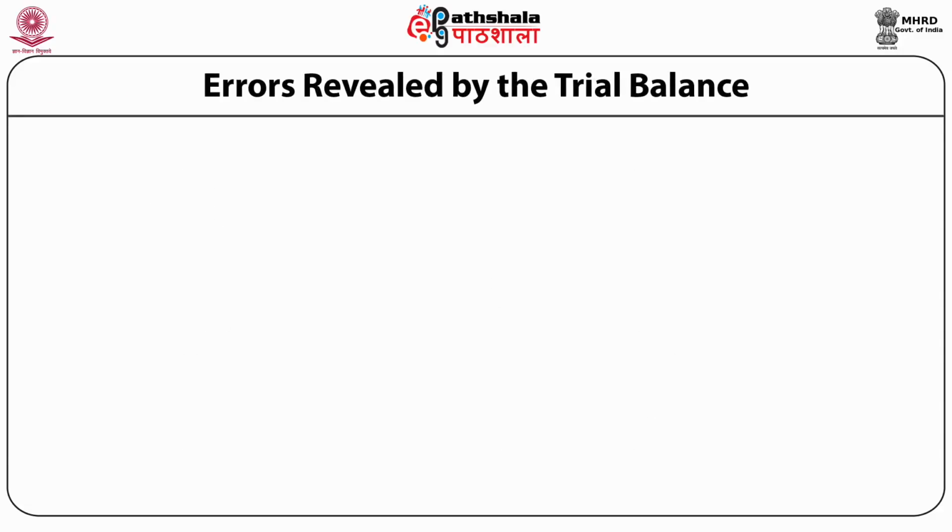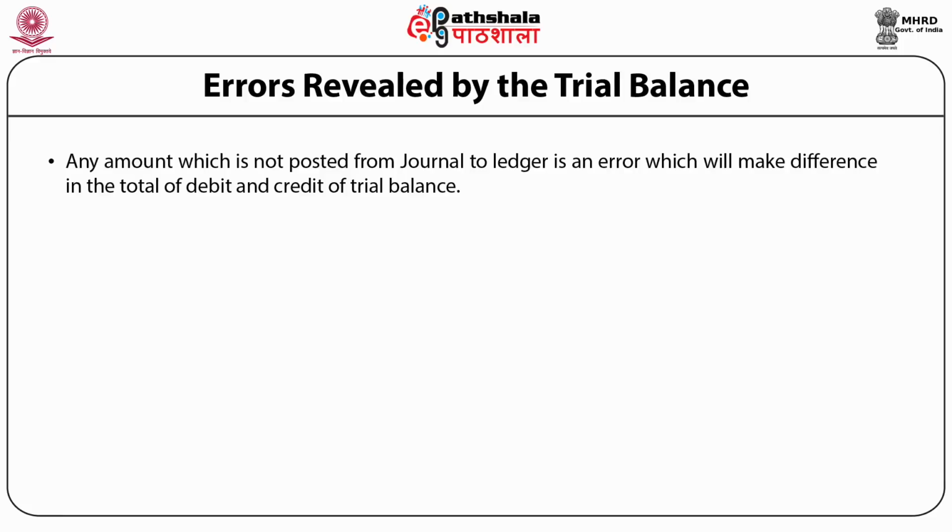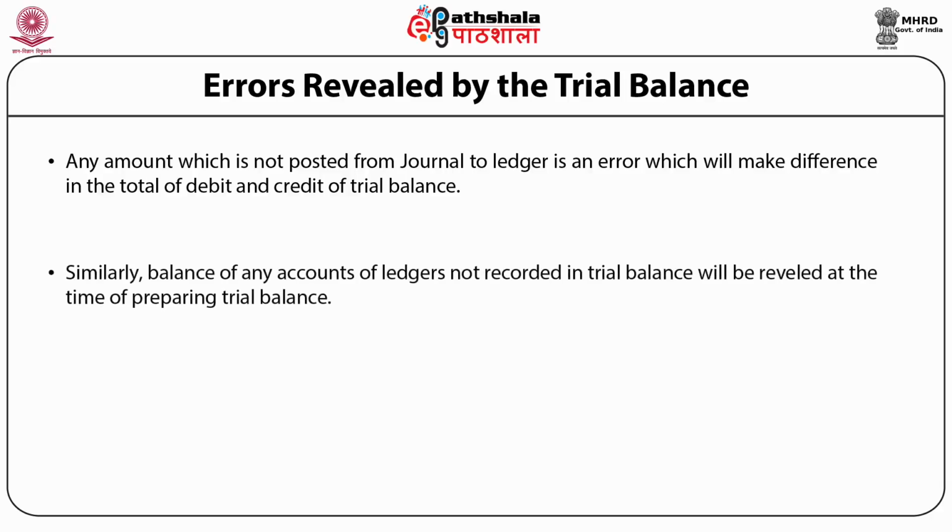Errors revealed by the trial balance. There are some errors which are revealed by trial balance. Any amount which is not posted from journal to ledger is an error which will make a difference in the total of debit and credit of the trial balance. Similarly, the balance of any account of ledgers not recorded in the trial balance will be revealed at the time of preparing the trial balance.